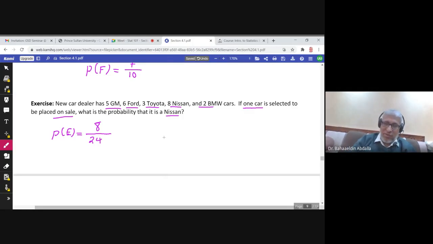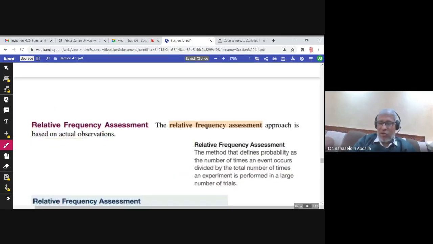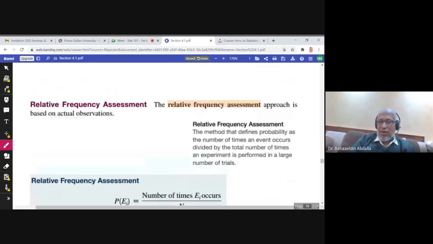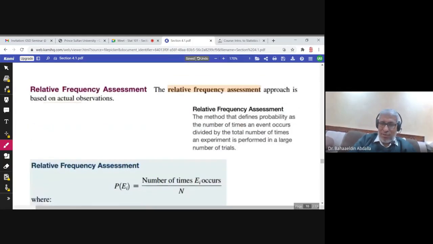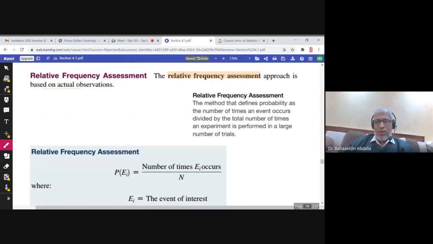All of these questions were about classical probability assessment. Let us now talk about relative frequency assessment. Here there is an experiment. Okay, there are trials. We did the experiment many times.